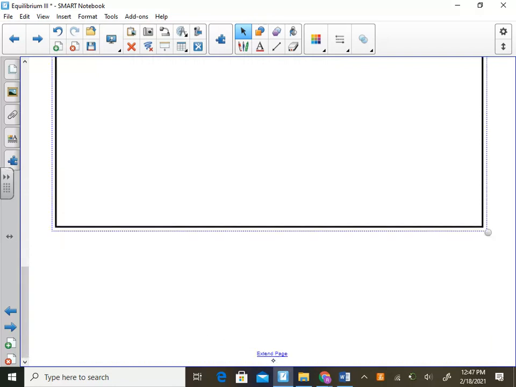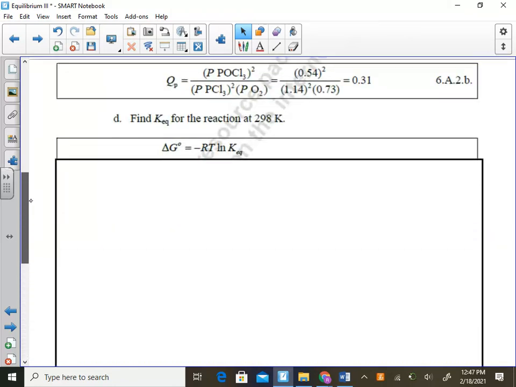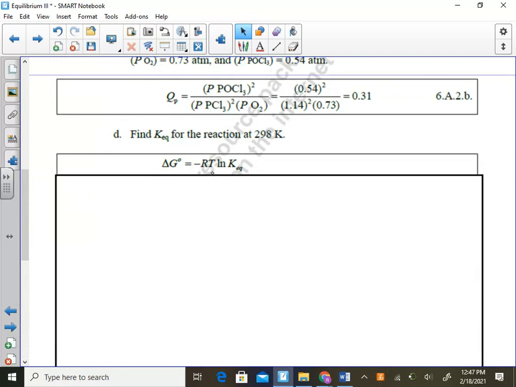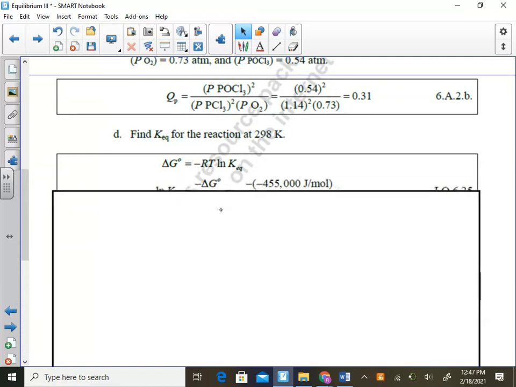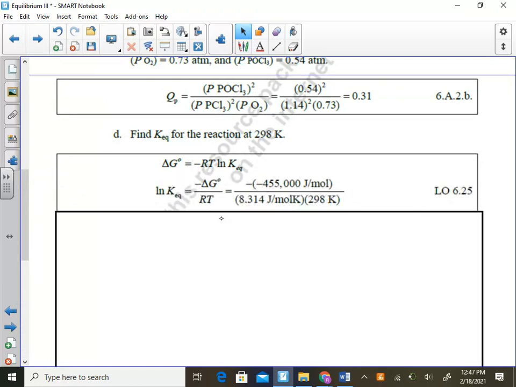So delta G equals negative RT ln K, and we plug in all of those values we know and solve for K. In other words, K is going to be e to the negative delta G over RT.